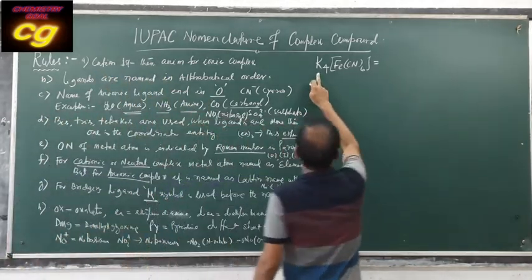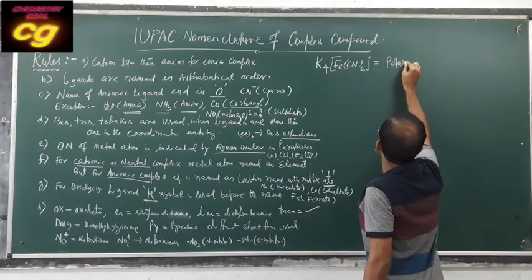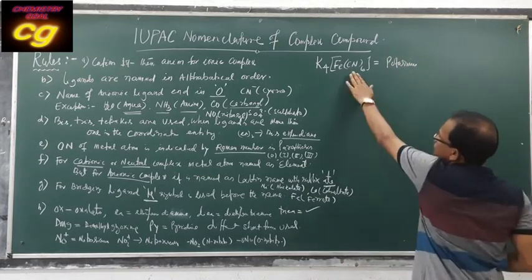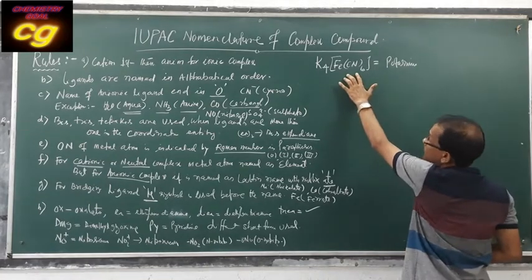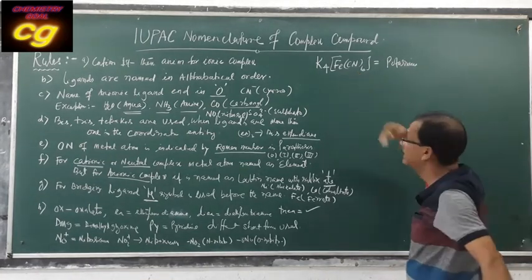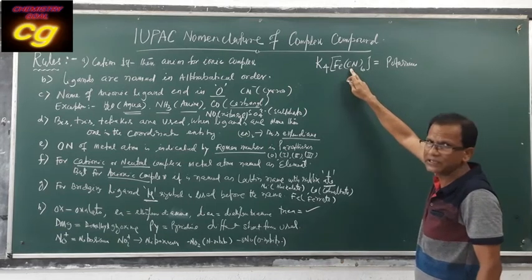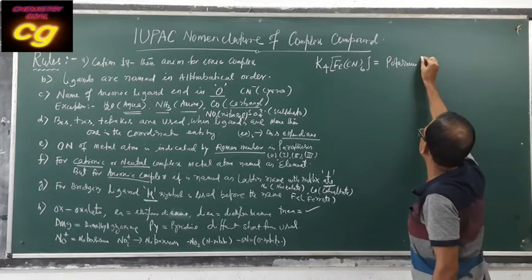As I have told you, we start the name first with the cation, then the anion. So the nomenclature will be potassium, then we start the main complex. This part is the main complex. We start from the ligand name. The ligand is cyanide, that is cyano, or here 6, hexacyano.